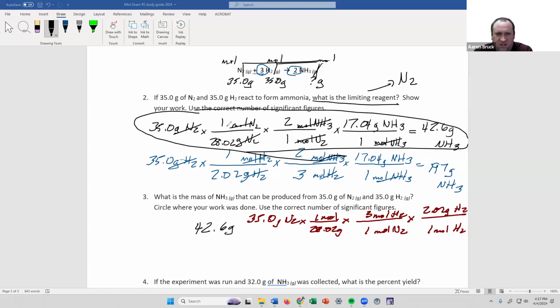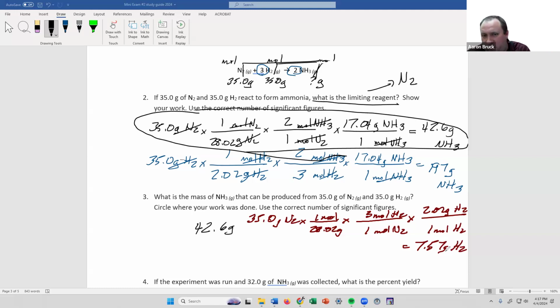So basically, we're just taking the guts here and rearranging them a little bit. The end result, we are solving for hydrogen. 35 times 3 times 2.02 divided by 28.02. To 3 significant figures, we get 7.57 grams of hydrogen.